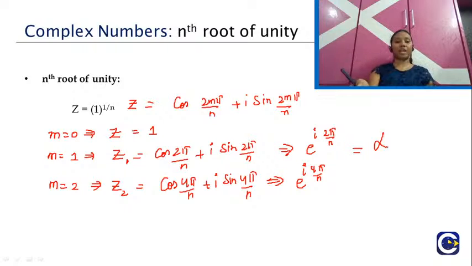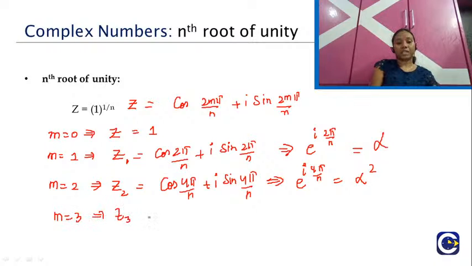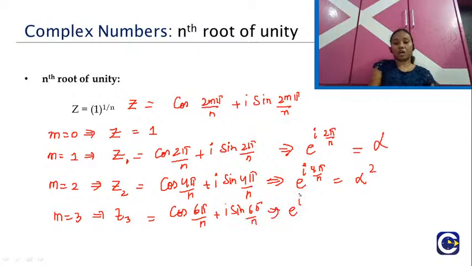And here when m value is equal to 2, it is becoming twice. So this will be my alpha square. Similarly, if I take my m value equal to 3, this will become z3, that is cos 6 pi by n plus i sine 6 pi by n, which is nothing but e power i 6 pi by n, which is equal to alpha cube.